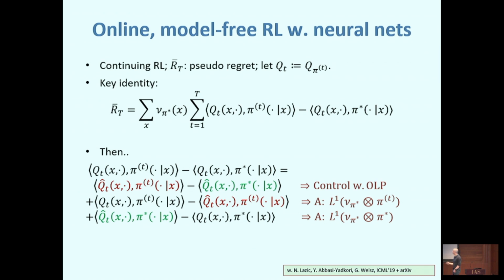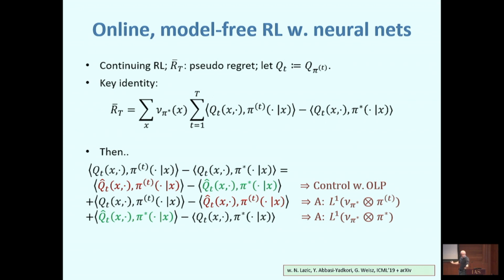So you can do this decomposition because you never see the action value function for your policy. Why do you measure the value of the player according to V pi star? Oh, this is an identity, so I didn't choose this. But you play some kind of policy, maybe I missed something. You play policy pi t, then you have some other distribution, right? Of course, this expression is symmetric, so you could put a pi t here, but then this would be too complicated and it wouldn't be very helpful for what I want to say.